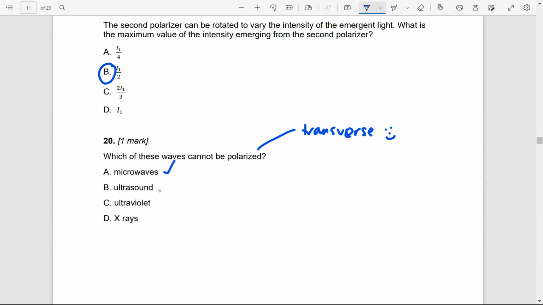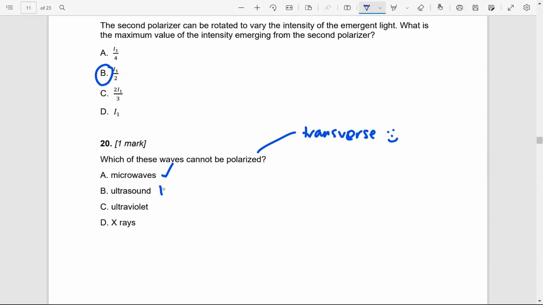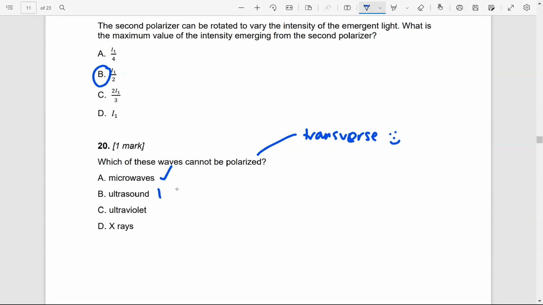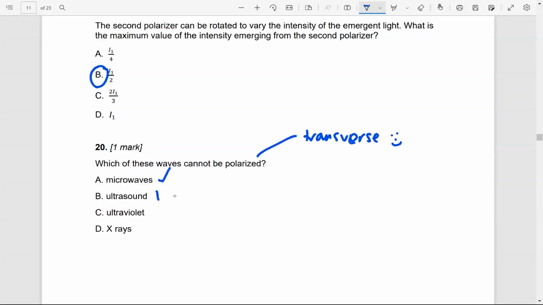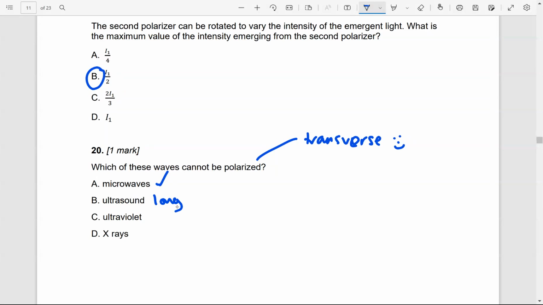Ultrasound, sound is longitudinal. That's not looking promising. Sorry, I'm just going to rearrange my screen a second. Ultraviolet, electromagnetic. X-rays, electromagnetic. Okay, so it's B. Ultrasound cannot be polarized.